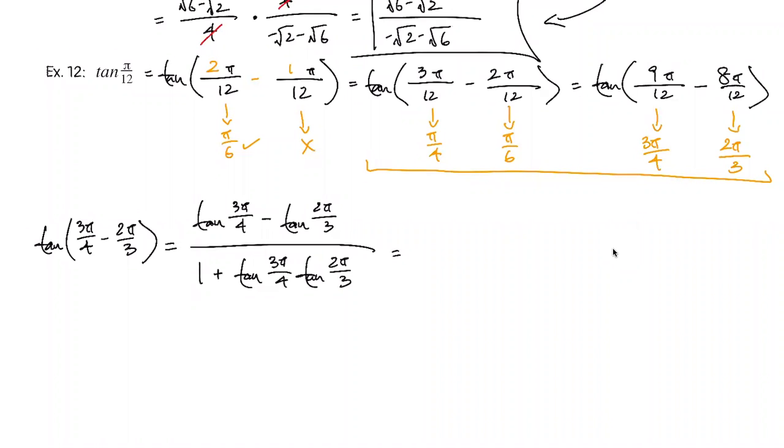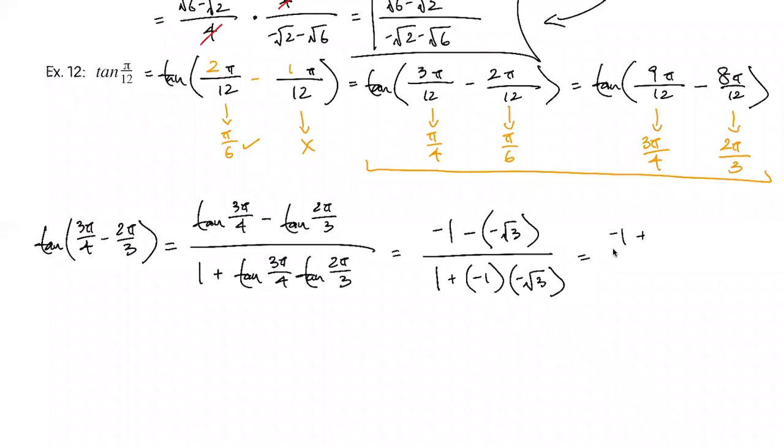All right, and when we plug in our numbers, tangent of 3 pi over 4 should be -1 minus tangent of 2 pi over 3 should be -√3 over 1 plus -1 times -√3, and that should give us -1 plus √3 and 1 plus √3.